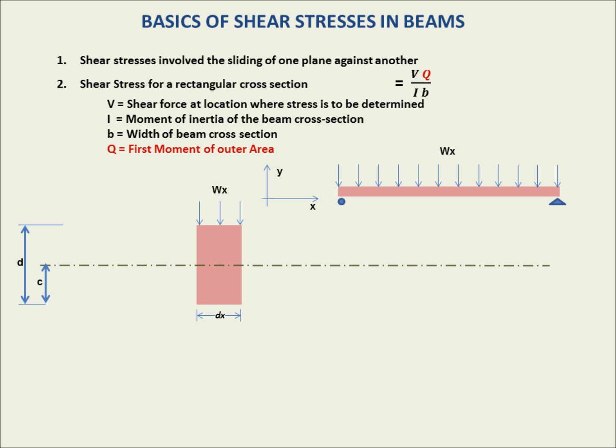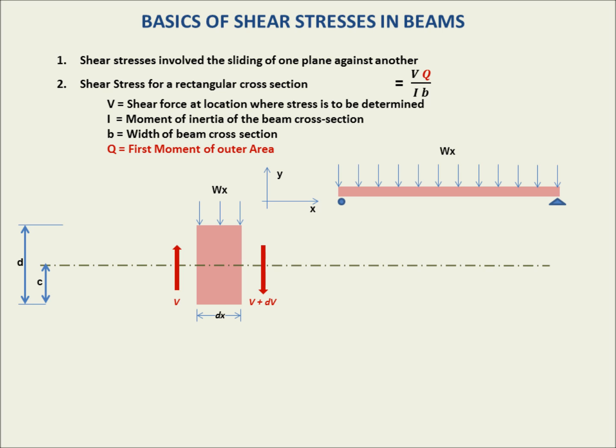Now let's draw the forces in here to balance out that Wx. There's going to be a shear force, V. We draw that to the left, and then in the opposite direction, V plus dV, another shear force to the right. Now, dV exists because we have Wx, a force per length, and we also have a length, dx.